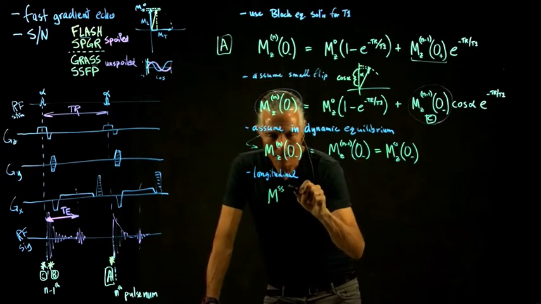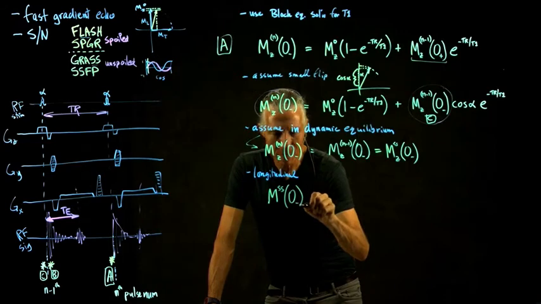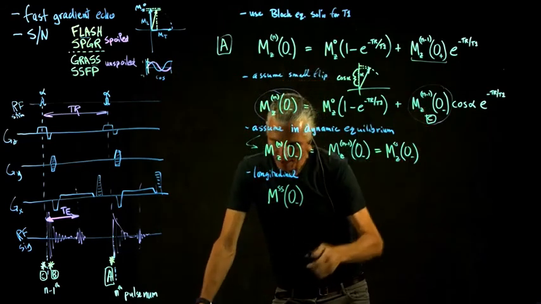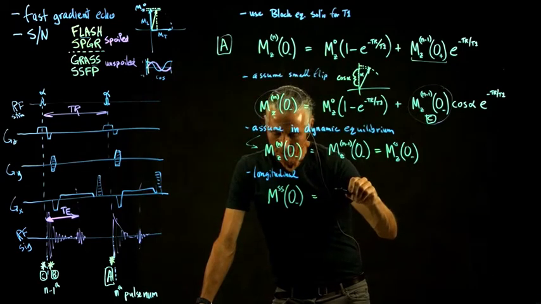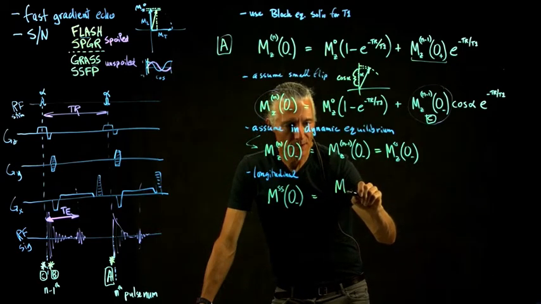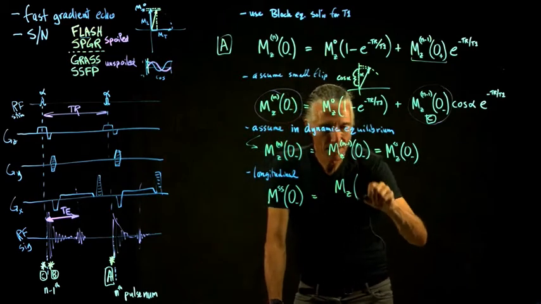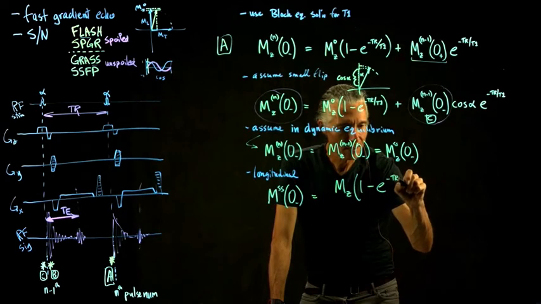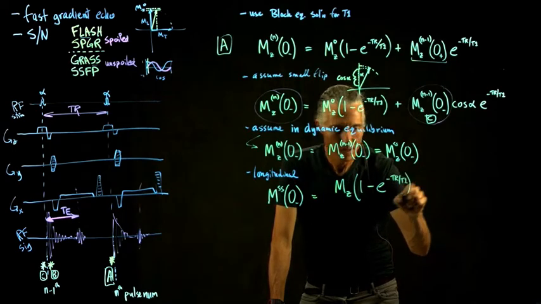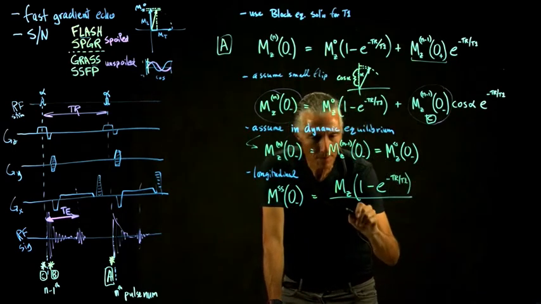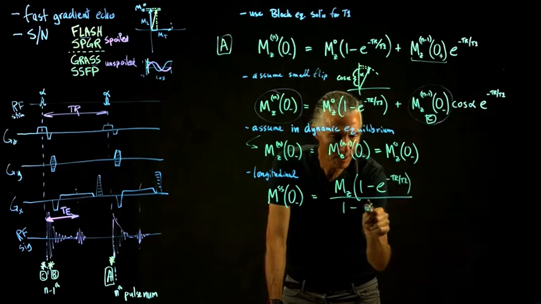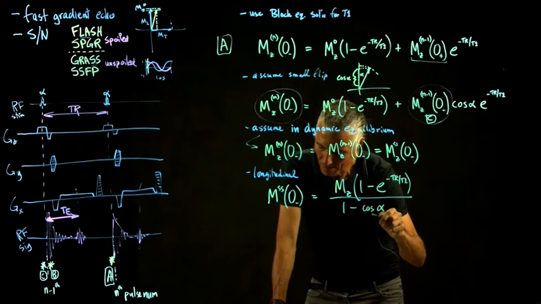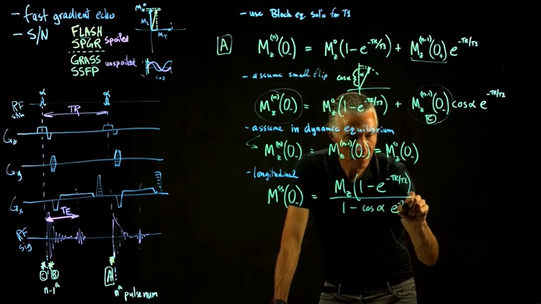So this is the longitudinal: it's Mz times 1 minus e to the minus TR over T1, over 1 minus cosine of alpha times e to the minus TR over T1.